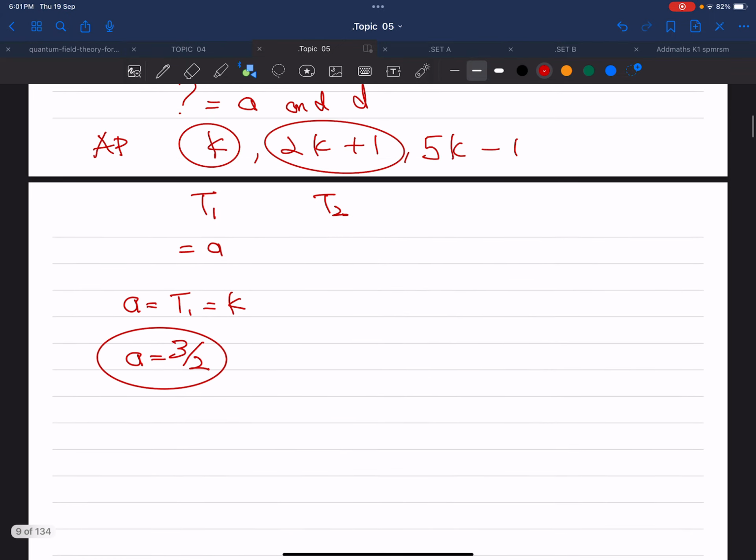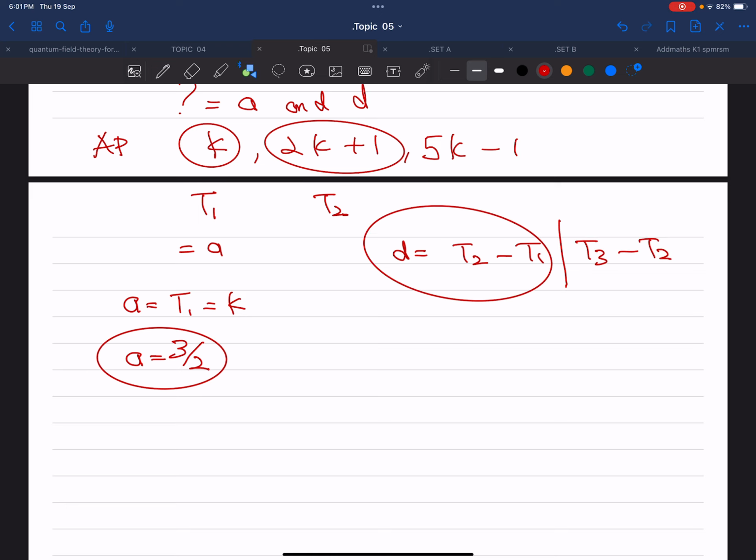Next, we need to find D. If you remember, D was T2 minus T1 or T3 minus T2. We take the simple one.